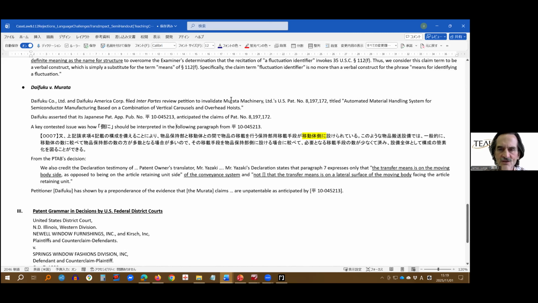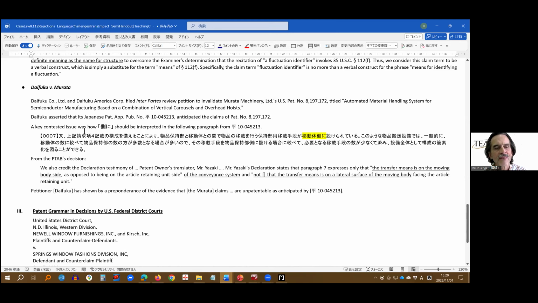There are many interesting things about this case, but a couple of important points are, one, that this patent itself originated in the US. The research and the application itself originated in the US. There's no Japanese priority application for this case. So, why did I pull out this case? Well, because there's no Japanese original application to look for translation issues with regard to the US patent to Murata.